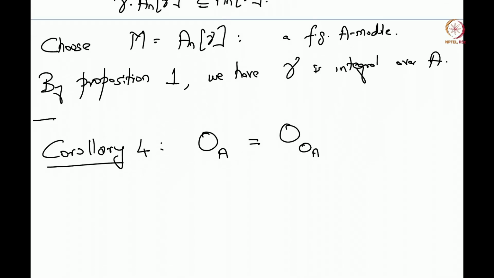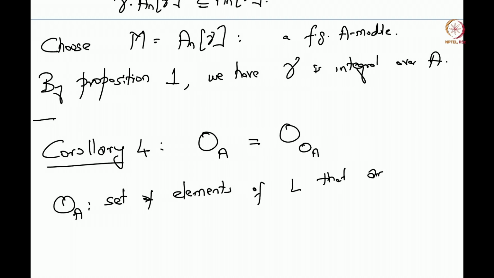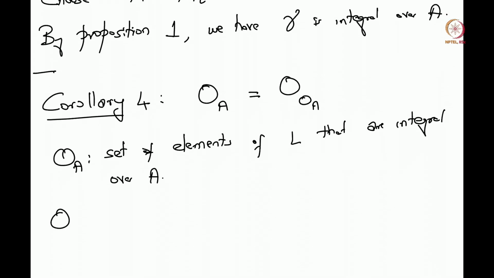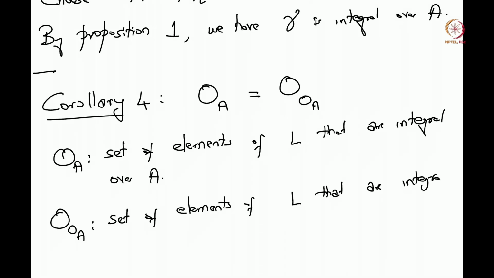Okay, so let me just remind you that here O_A is the set of elements of L that are integral over A, and O_{O_A} is the set of elements of L that are integral over O_A.